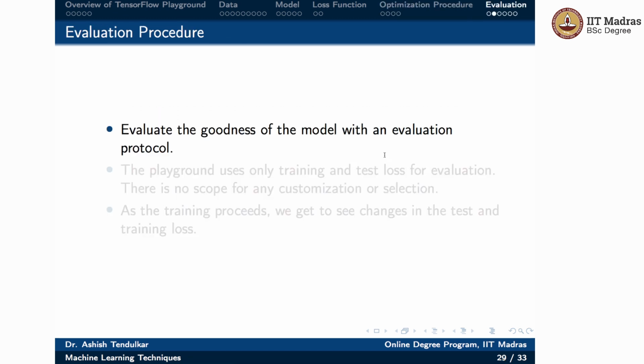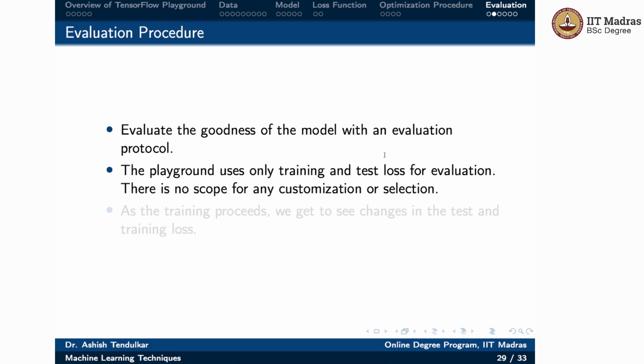The evaluation procedure evaluates the goodness of the model with an evaluation protocol. The playground uses only training and test loss for evaluation. There is no scope for any customization or selection of the sets.